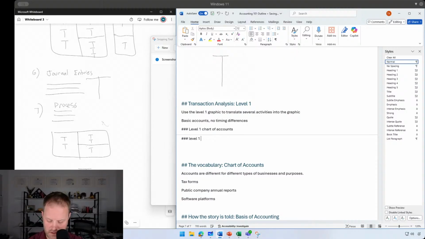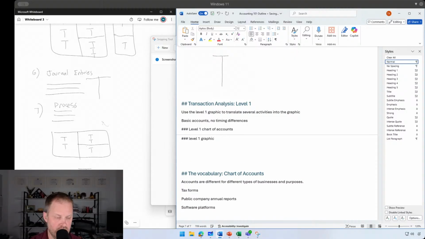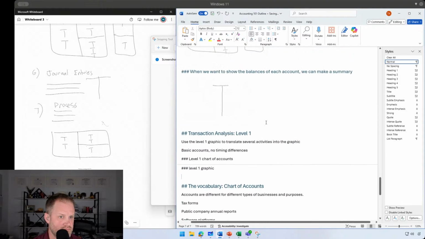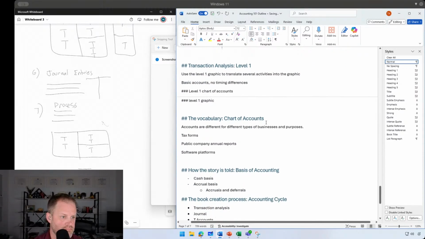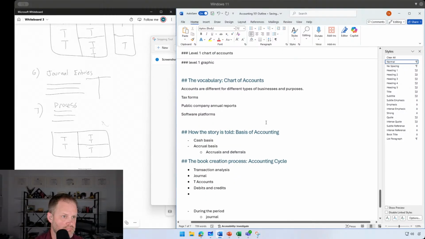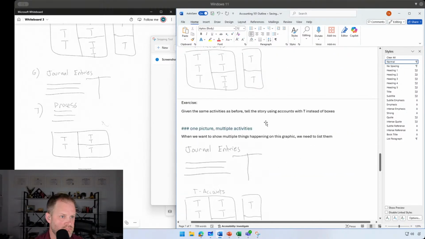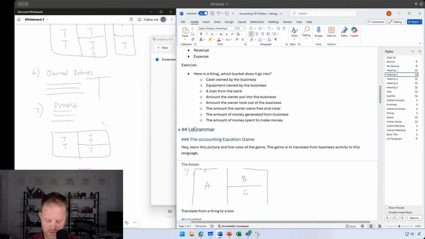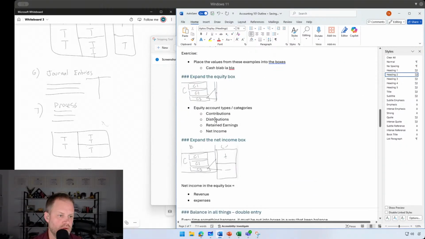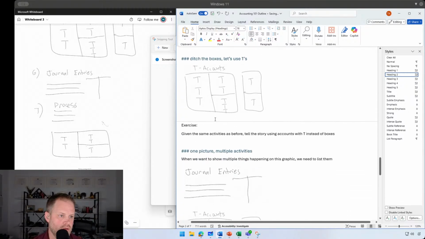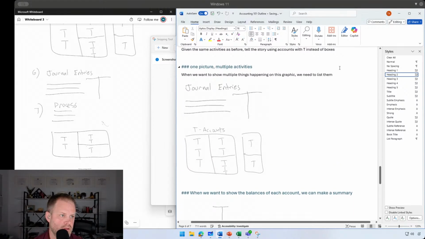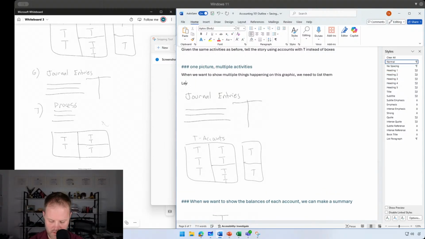Level 1 graphic. So this whole thing is level 1 grammar. So this whole thing is called the level 1 book graphic.